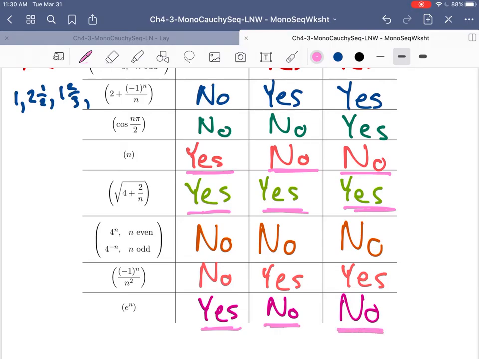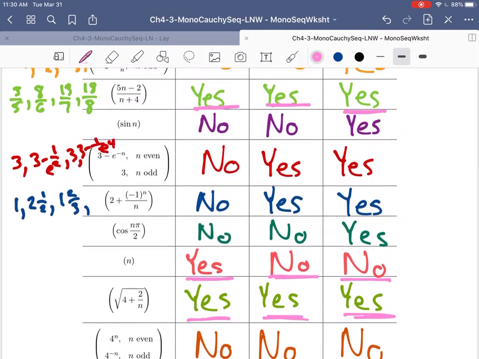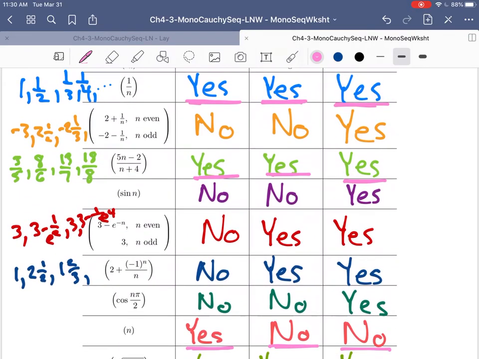And so a pattern we might see emerging here is that whenever it was a monotone sequence, the convergence and the boundedness always had the same answer, right? So either they were both bounded and convergent when they were monotone, or they were neither bounded nor convergent when they are monotone.